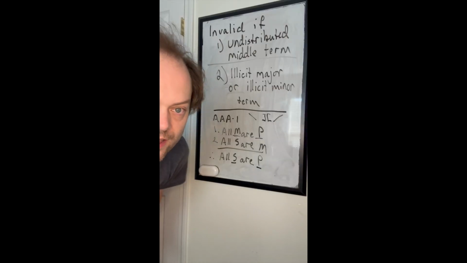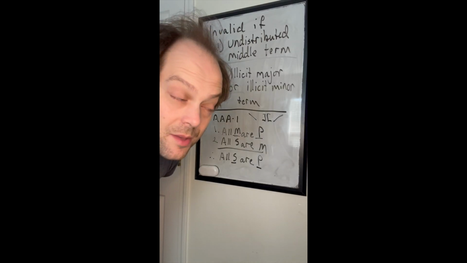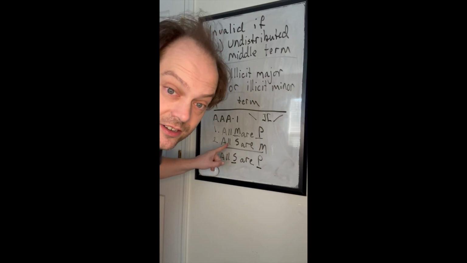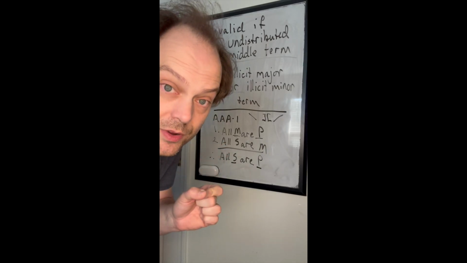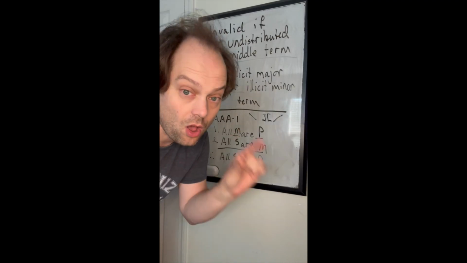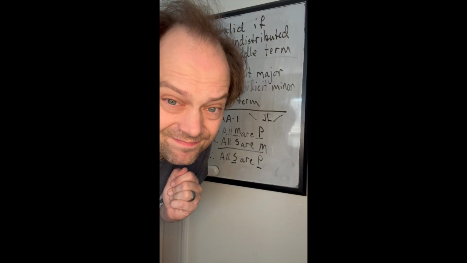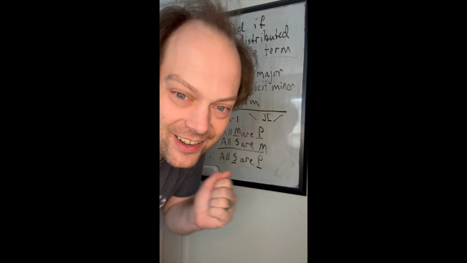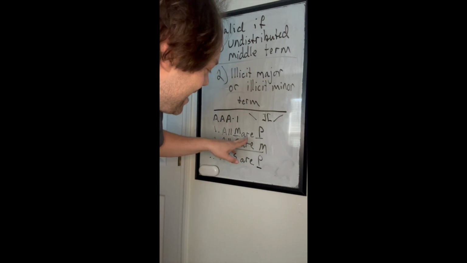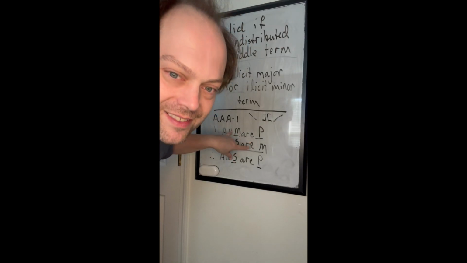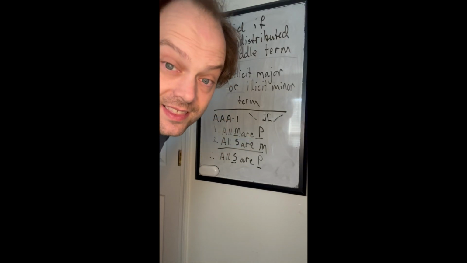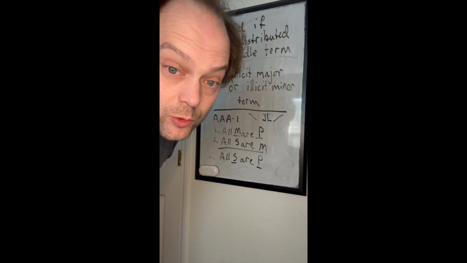So what are the rules? First is the middle term, right? The term that connects the subject and predicate terms, the major and the minor terms, needs to be distributed in one of the premises. If you never say anything about all the members of the middle class, the middle category, then you're never going to connect the major and the minor term in a valid way.